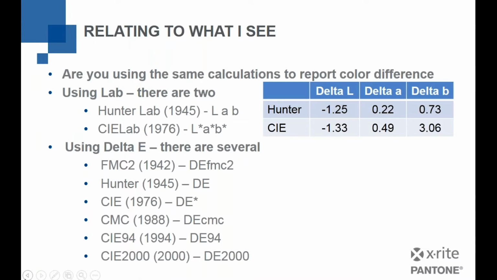So there's the FMC2, which was the first, in 1942, Hunter, CIE, and then when we hit CMC from 1988 and the two following, CIE94 and CIE2000, all three of those are elliptical tolerances, like we were looking at, to agree better with human vision, whereas the top three delta E values are not as correlated with human vision.